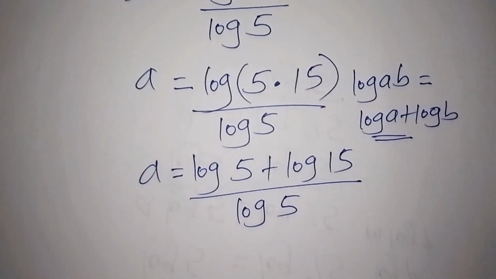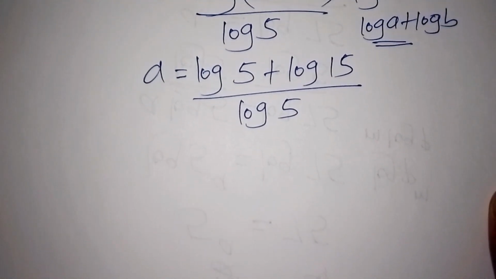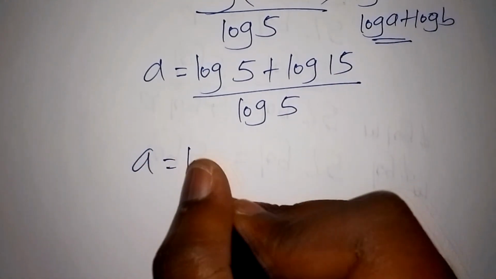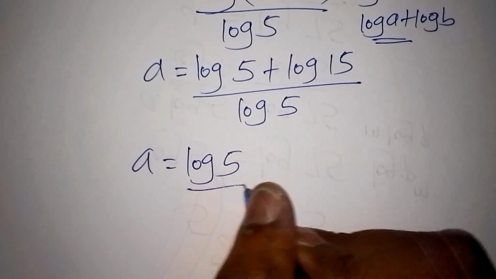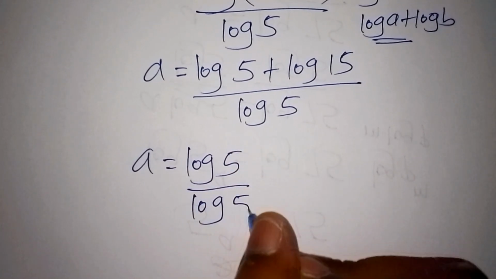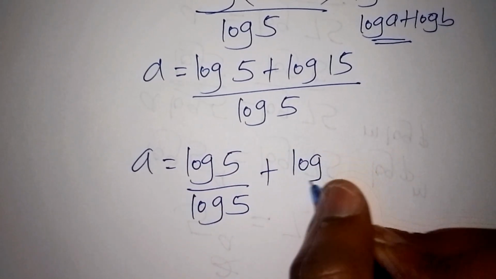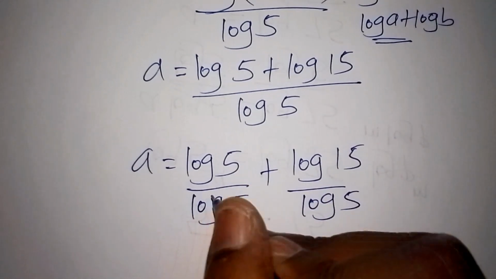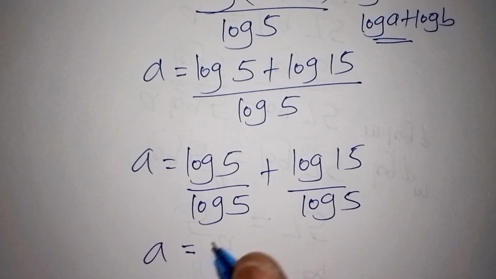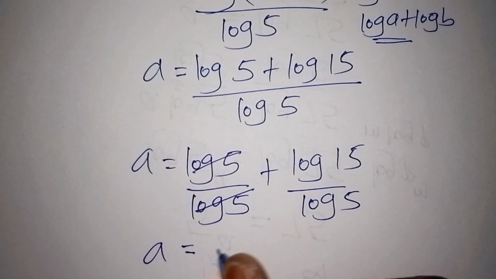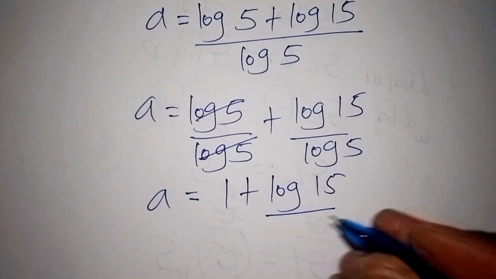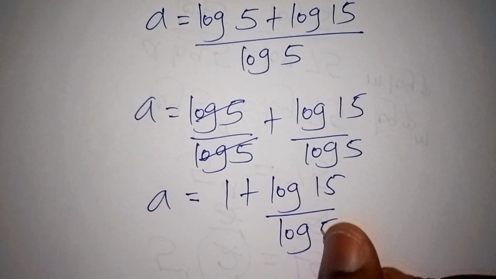Our next step is to split the log of 5. Here our a shall be equal to the log of 5 all over the log of 5 plus the log of 15 all over the log of 5. So the log of 5 and the log of 5 shall cancel. Now we shall have 1 plus the log of 15 all over the log of 5.